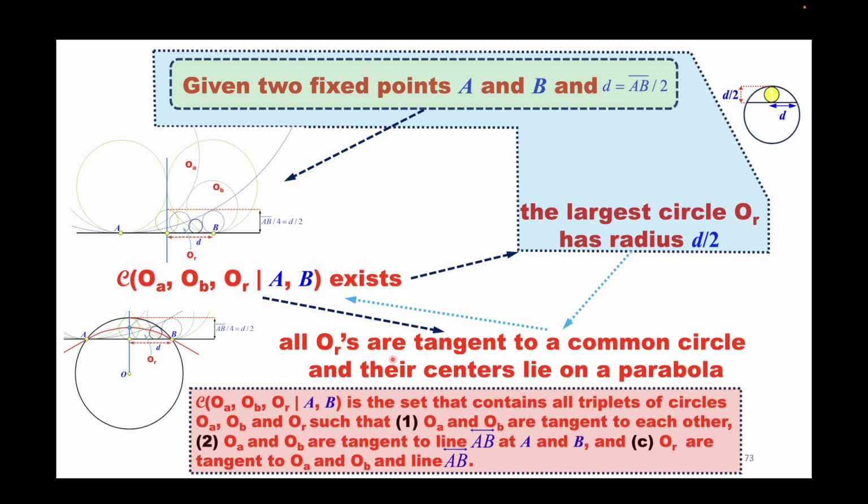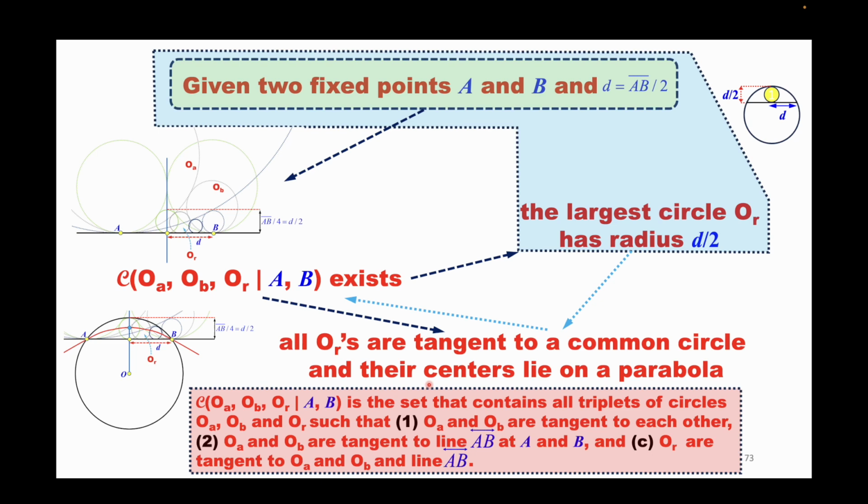This is problem 5. On the other hand, given two fixed points A and B, and D is equal to half of the chord length, if the largest circle OR has radius D over 4, then from each of these circles, we are able to construct a triplet. So going from here, we have a set of triplets. This triplet implies the radius and the existence of a common tangent circle and a parabola.